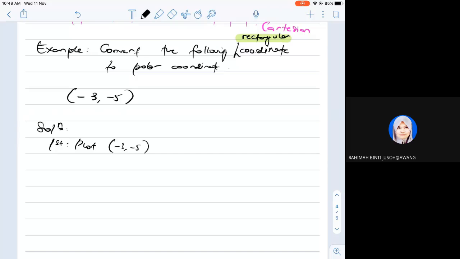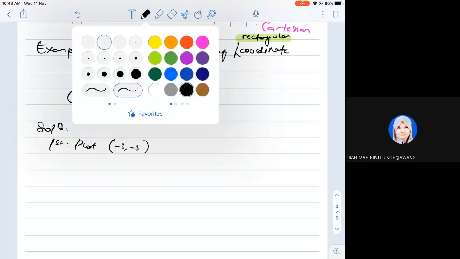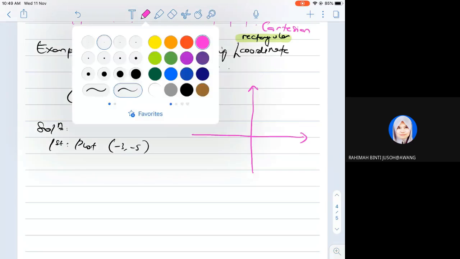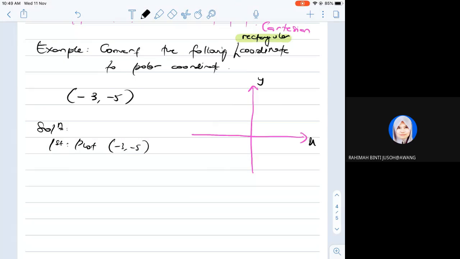Okay, when you plot that, which quadrant is this coordinate in, guys? Which quadrant? Third quadrant. Okay, well done. Good. Third quadrant. So it should be somewhere here. -3, -5, right? In the third quadrant. Yes, well done.